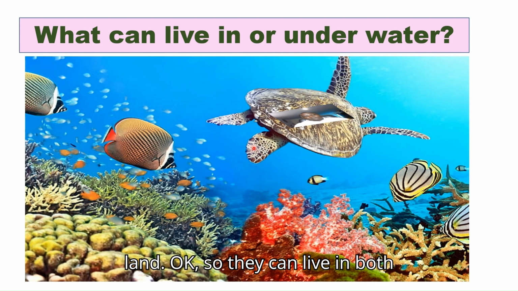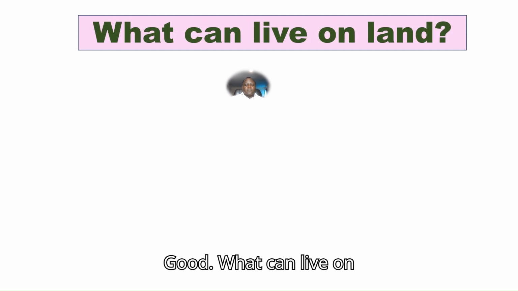Okay, so they can live in both places. Look at fish. Look at the corals. Corals, they live in water. They grow in water. Different species of fish. Do you know any other thing that lives in water? Baby shark, sharks, whales, okay, dolphins, good job, tunas, excellent, good.